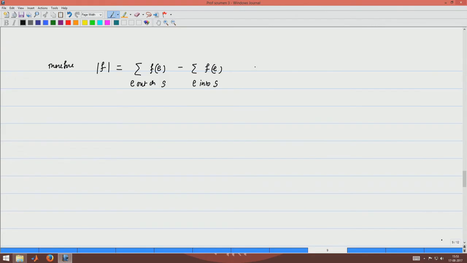This is by using lemma 1, because lemma 1 says that the flow value is equal to the flow across the cut S complement, and this is the definition of flow across the cut.